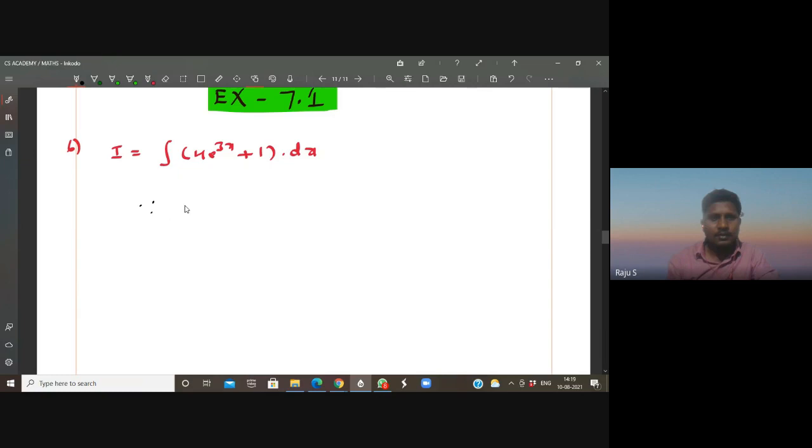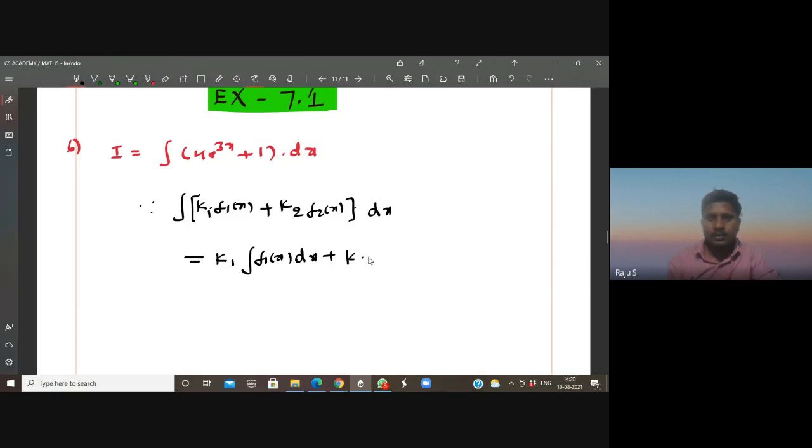There is a property: integral of k1 f1 of x plus k2 f2 of x dx can be written as k1, a constant, taken outside, integral f1 of x dx plus k2 into integral f2 of x dx.